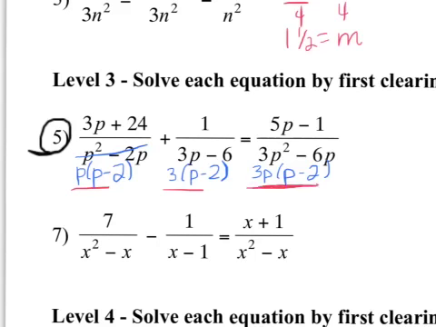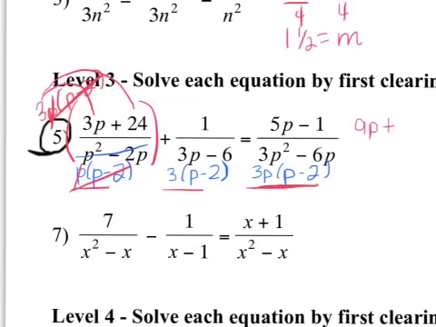So I'm going to multiply my first fraction by 3p times p minus 2. And the p cancels out with this p. The p minus 2 cancels out here. So essentially I'm doing 3 times 3p and 3 times 24. 3 times 3p is going to give me 9p, plus 3 times 24 gives me 72.